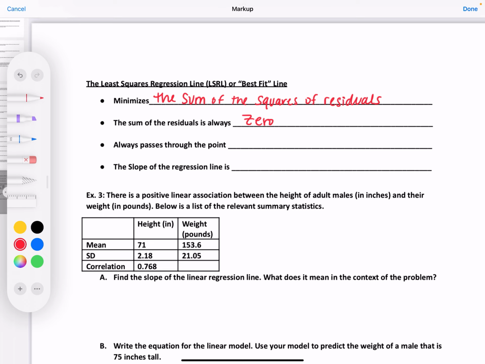It always passes through the point (x bar, y bar). Because this is like the average, they have to offset for the line to be a true average. And the slope of the regression line is m equals r times s sub y over s sub x, which is equal to b1. So that's how we would find it, depending on what information you were given.